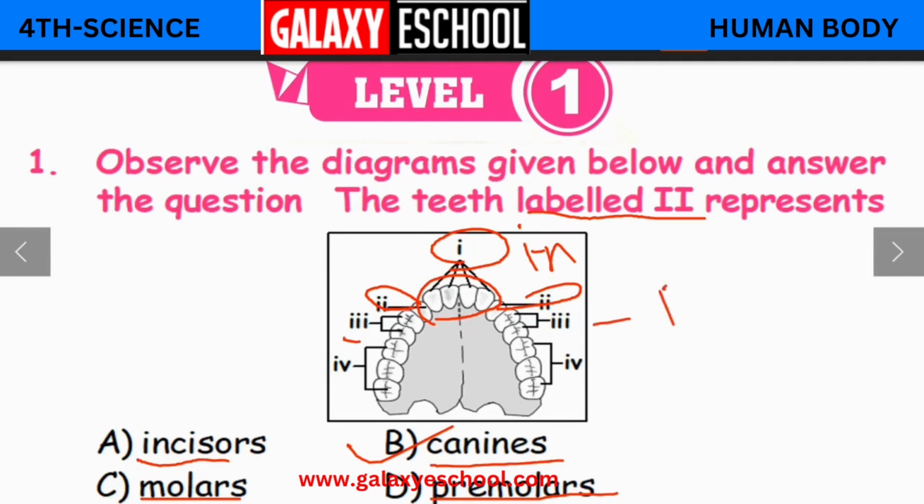These are premolars. And at the last, these 3 teeth, towards the right and towards the left, are called molars. Even the wisdom tooth is included in this. Clear, children? So this is what we have, these 4 types of teeth.